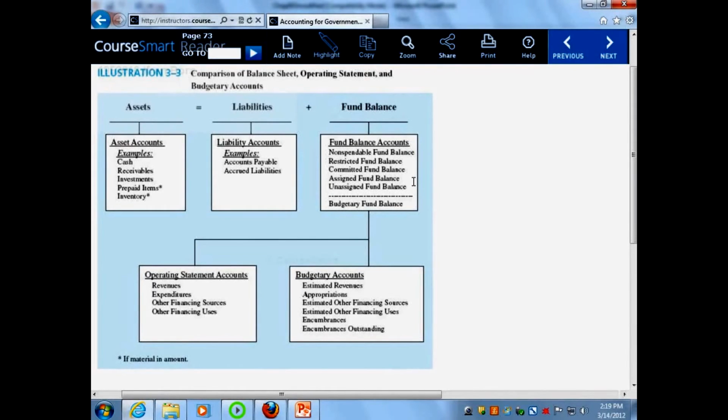Now, you haven't received anything yet. All you did was write a purchase order and put it in the mail. Do you have to do something in your books? What do you have to do? You have to recognize an encumbrance, not an expenditure yet, an encumbrance, for $1,000.